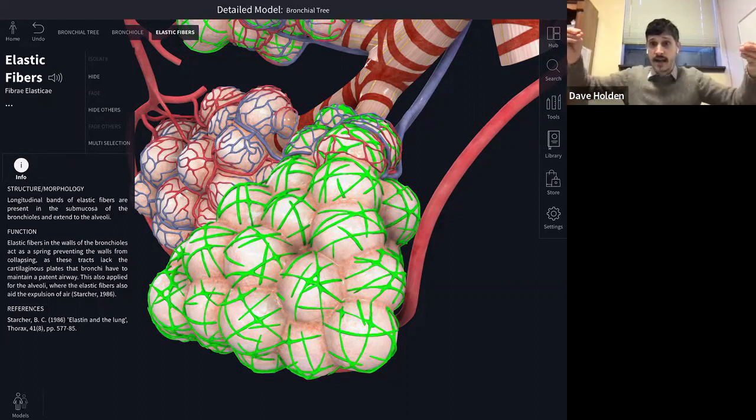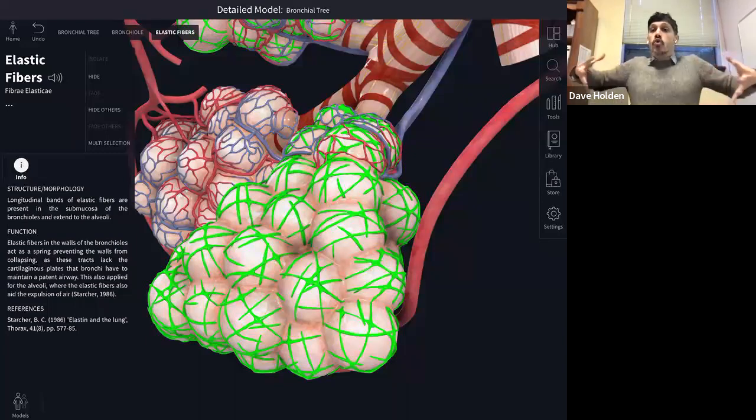You stretch out silly putty and you let it go and it just drops to the floor. It's extensible. It's not elastic. A rubber band is elastic because once you stretch it, it snaps back to its original size. That is what these fibers are meant to do. After a deep inhale, and all these air sacs have been stretched, once you exhale, they snap back to their original size because of the elastic fibers.